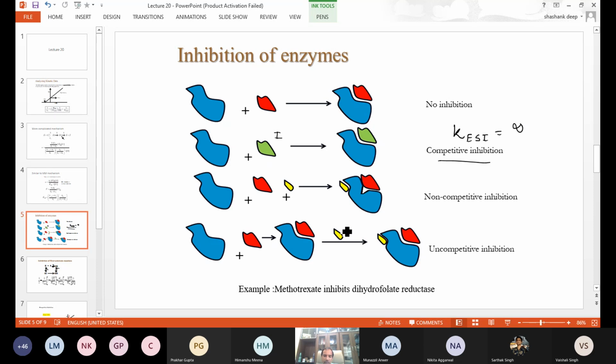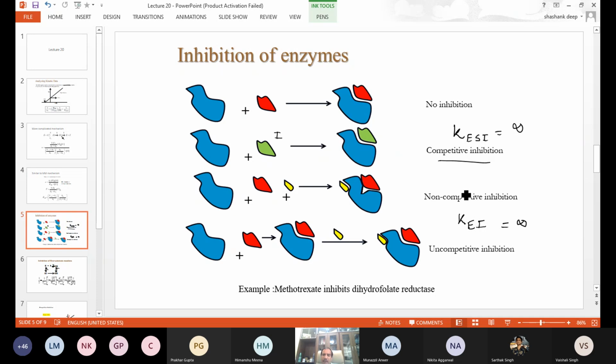I cannot bind by itself. It means EI will not exist, and that means KEI will be infinity. So in one case KESI is infinity, in another case KEI is infinity. In this case no equilibrium, the dissociation constant is equal to infinity. So those are the three different cases of inhibition.